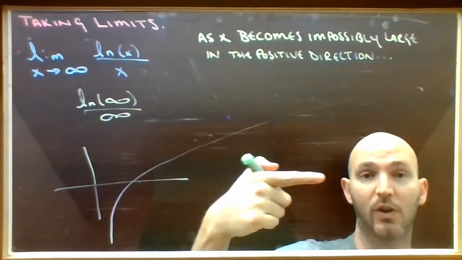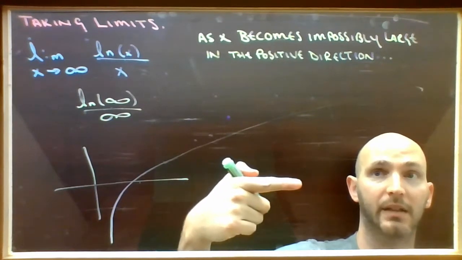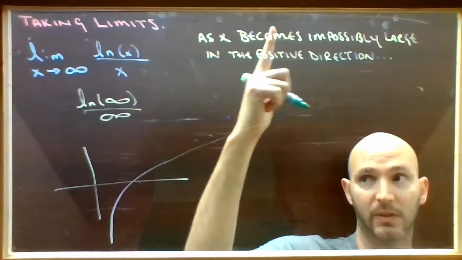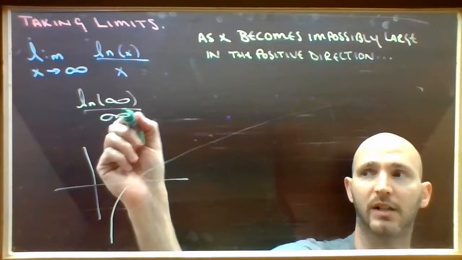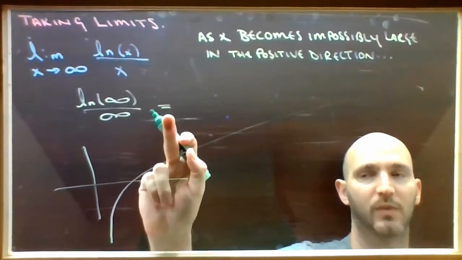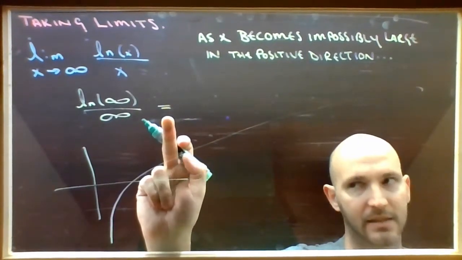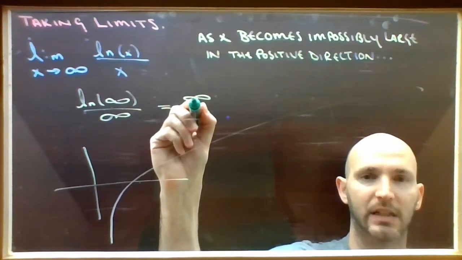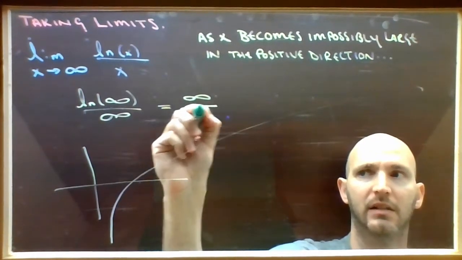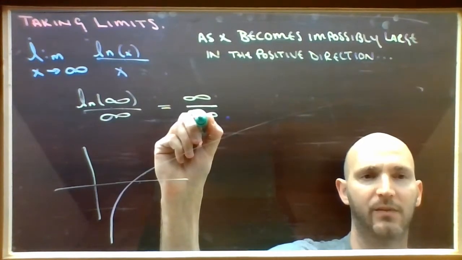So if you go forever this way, then this goes forever that way. So ln infinity, and yes, the internet can yell at me for writing this, ln infinity is infinity, right? It's as big as you'd like. And I've got a division by infinity there.